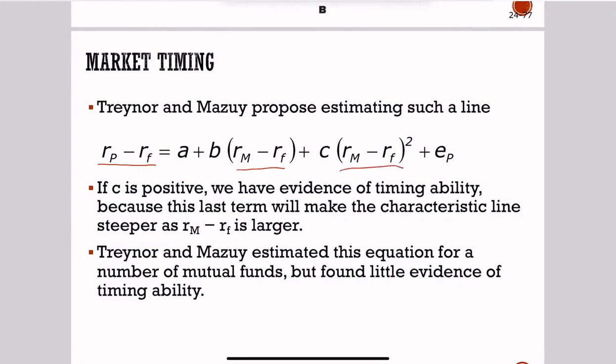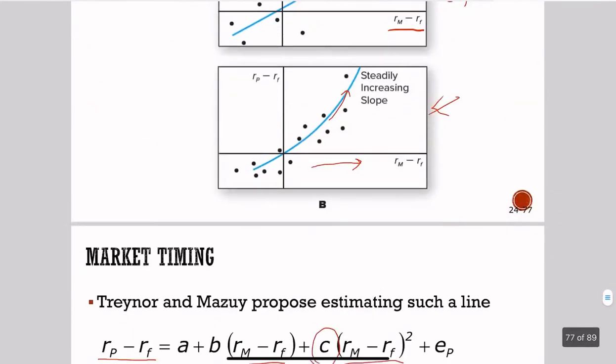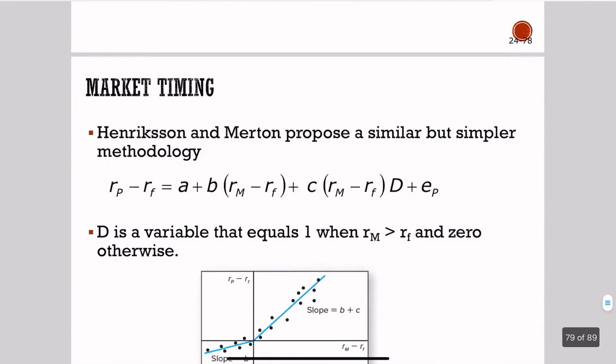If we have a positive C here, then we would say this manager has market timing ability. And if C is larger, then the market timing ability is larger. This is somewhat complicated because you have this squared term here, so this can be simplified.